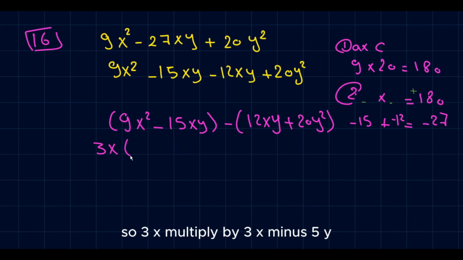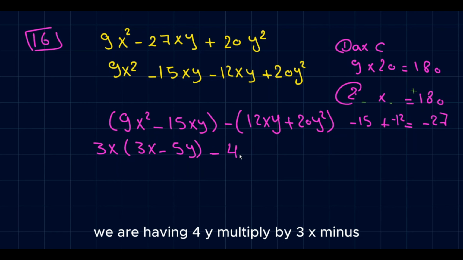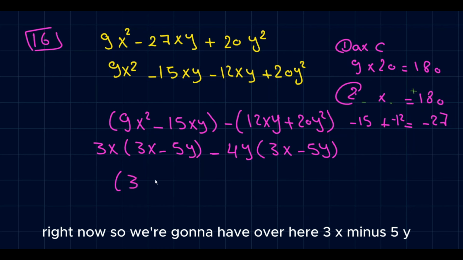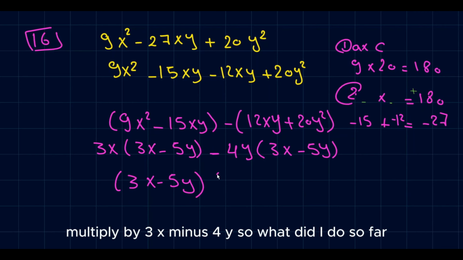So 3x multiplied by 3x minus 5y, minus, the greatest common factor from the second group, 4y multiplied by 3x minus 5y. And we take the bracket as the greatest common factor right now. So we have 3x minus 5y, close the bracket, multiplied by 3x minus 4y.